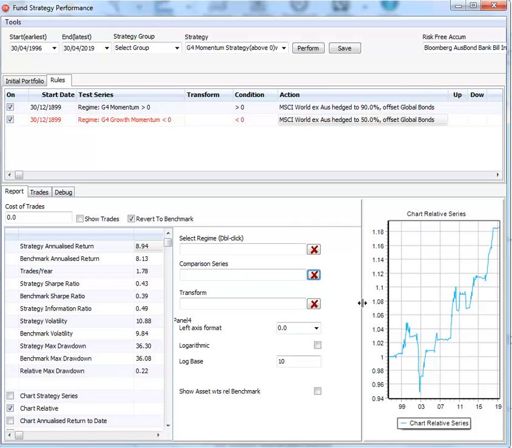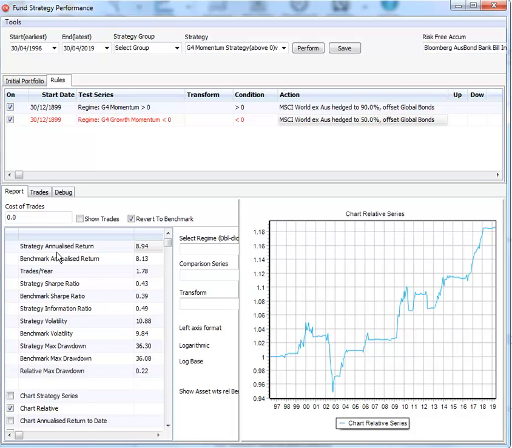So provided here, you'll see some of the output: the annualized return from the strategy, 8.94% versus the benchmark return of 8.1, 1.78 trades a year with a Sharpe ratio of 0.43. You can see the drawdown statistics there, and the chart showing on the screen is the relative performance of the strategy versus the benchmark.